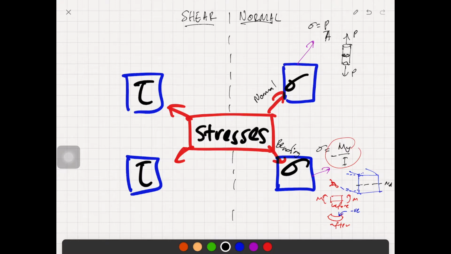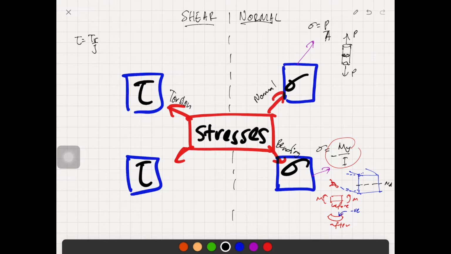One is for torsion, if you can recall, from the torsion chapter. This is torsion, where tau is the representation of shear in this chapter. We call this tau equivalent to Tr over J, with rho replacing the r, representing the outermost radius.